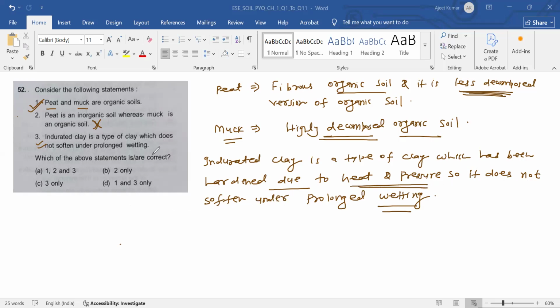Okay, statements 1 and 3 are correct. So option number D is the correct option.